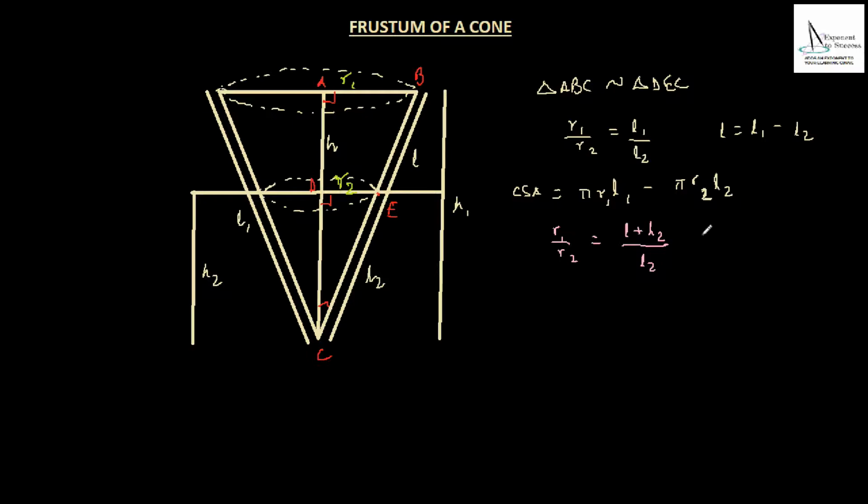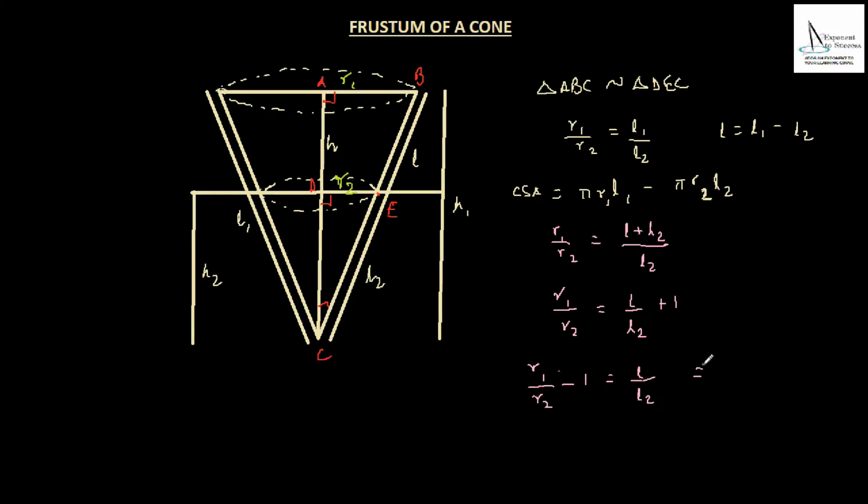Now we can distribute the denominator to both the terms, so we can say that R1 upon R2 is going to be L over L2 plus L2 over L2, which is nothing but 1. We can take 1 to the other side, so R1 upon R2 minus 1 is going to be equal to L upon L2.